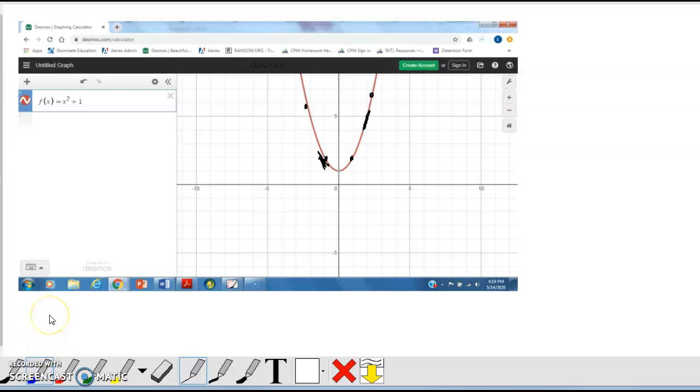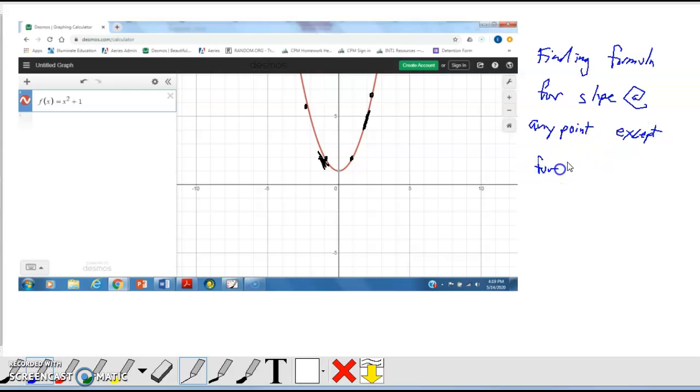This is very, very important. Finding a formula for slope at any point, except for linear, will always produce a function of x.